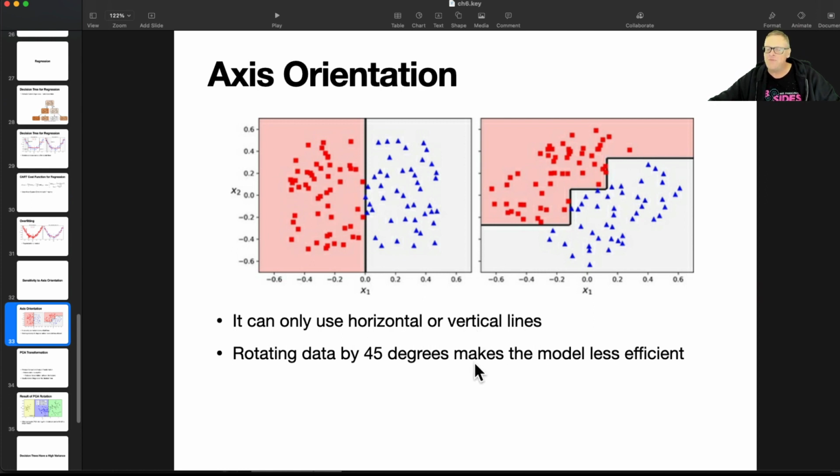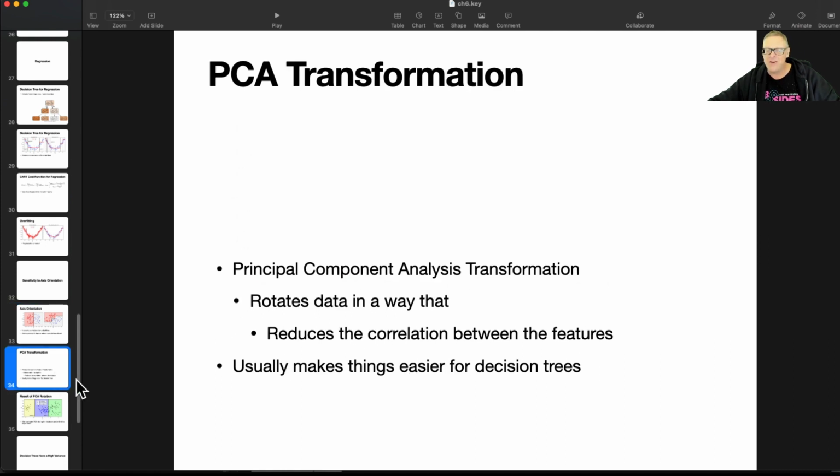So the efficiency of the model depends on the parameters being independent. So there's this thing called a principal component analysis transformation that will rotate the data to try to reduce the correlation between the features. It will try to figure out where the logical place in however many dimensions you have to rotate it to, so that the horizontal and vertical lines will more likely succeed.